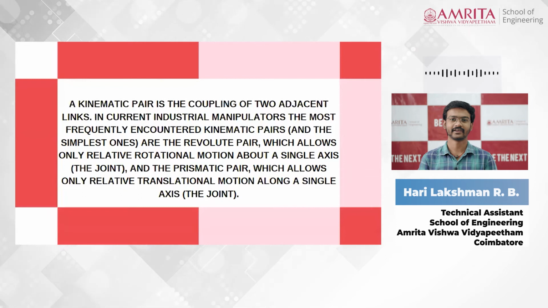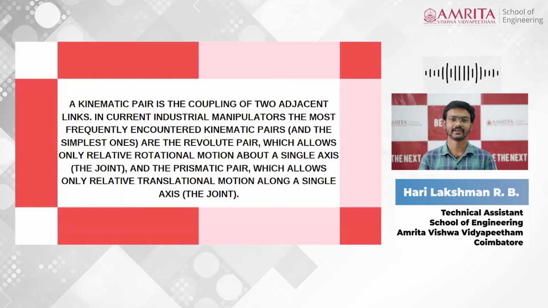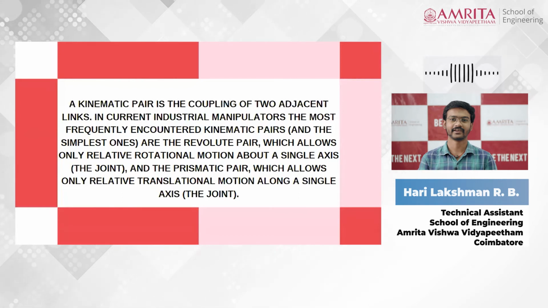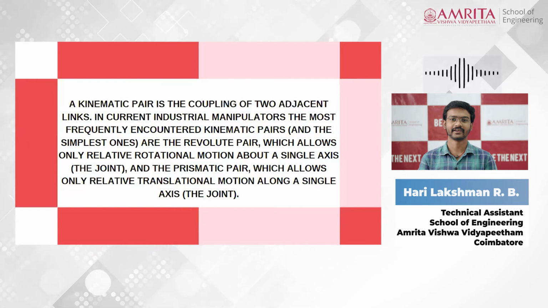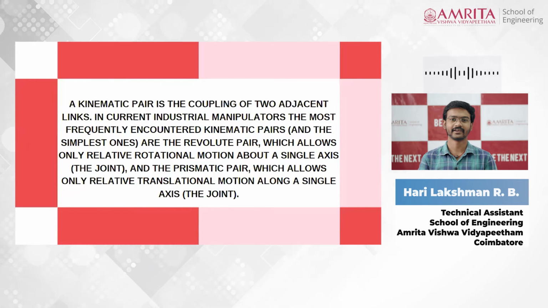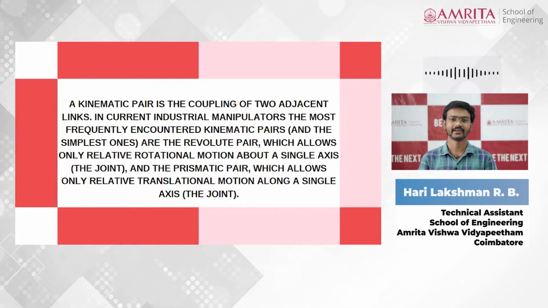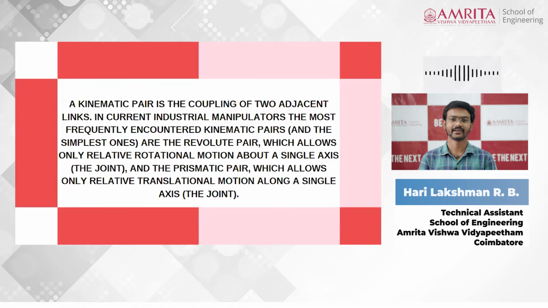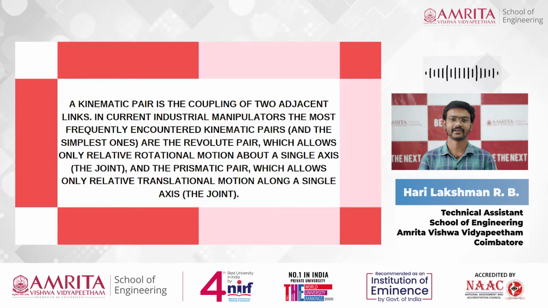For these kinematic pairs, since motion is allowed in only a single direction, one parameter or one variable is sufficient for specifying the relative motion between two adjacent links. This implies that revolute and prismatic pairs are characterized by 1 degree of freedom. The corresponding variable which measures the linear or rotational relative motion of a kinematic pair is called the generalized coordinate of the kinematic pair or joint.